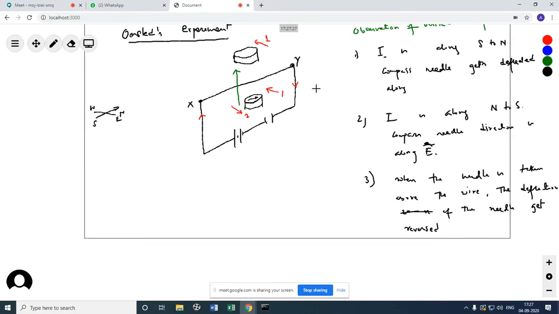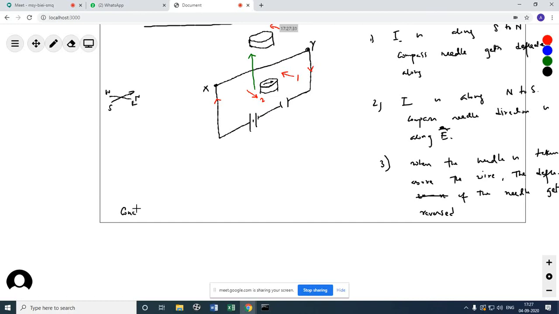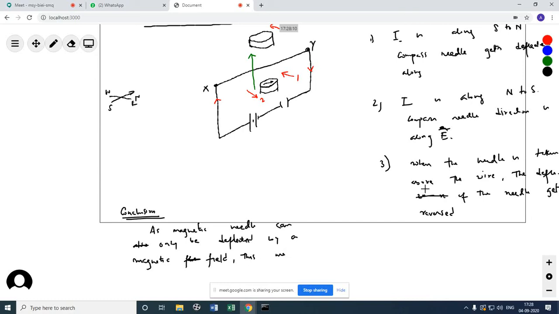Now based on these observations there must be a conclusion. So his conclusion was that as a magnetic needle can only be deflected by a magnetic field, this means... His one more observation is that there is no deflection if there is no current in the wire.